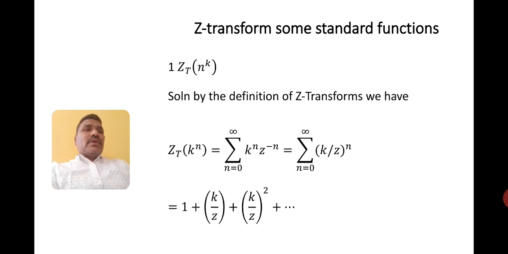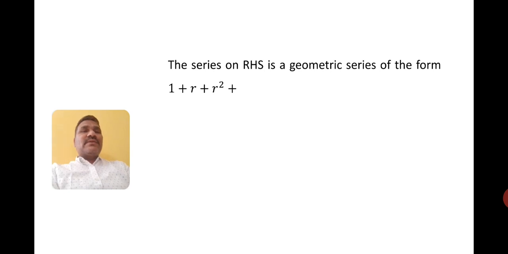Now if you substitute the values of n over here, the first n value will be 0, so something raised to 0 is 1. The second time you will get k by z. The third time you will get (k by z) whole to the power 2, and so on. See here, this is nothing but a series. What is that series?